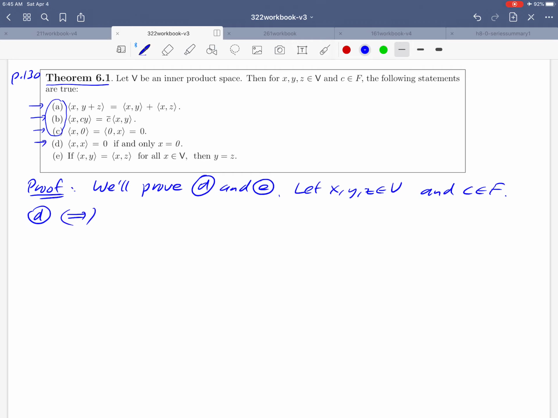It turns out that that implication is easier to prove by contrapositive. So instead of assuming that the inner product of x with itself is 0, we're going to assume the opposite of the then part. Okay, assume that x is not the 0 vector.